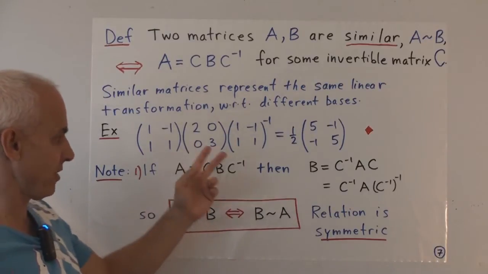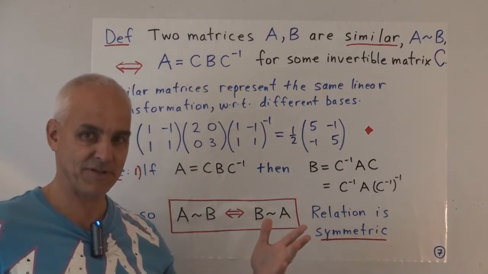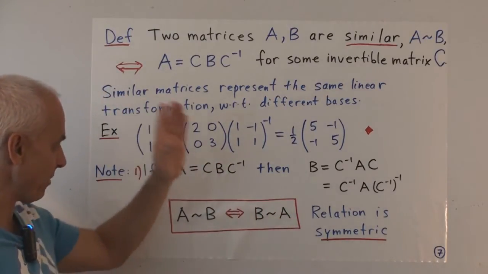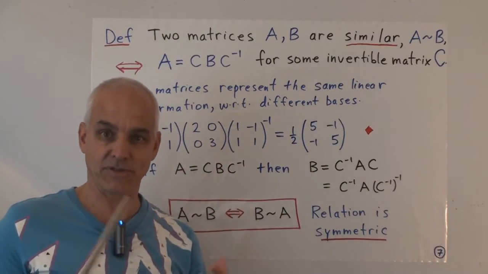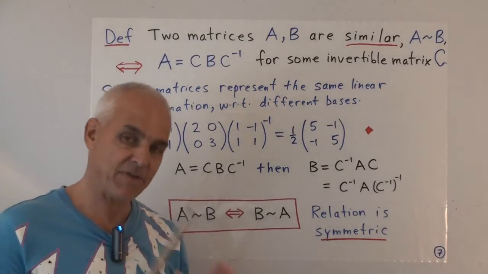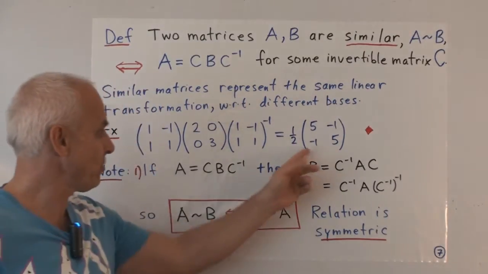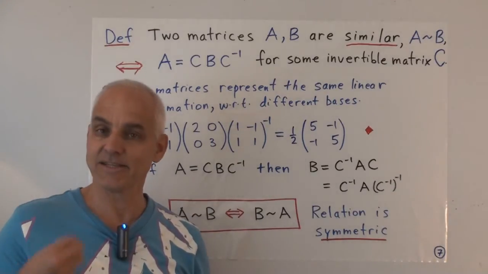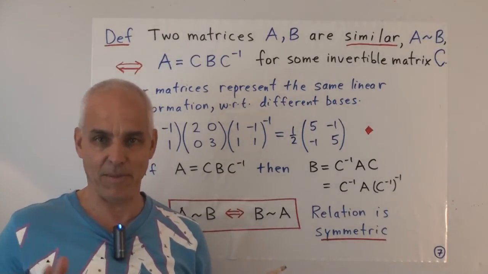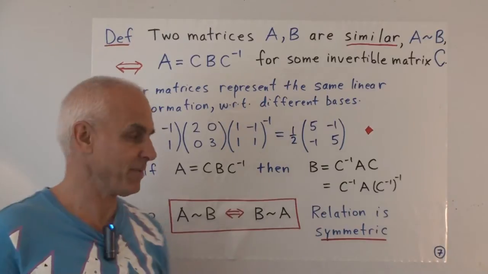They don't look very similar, perhaps, and that's because multiplying by C and C inverse on both sides can really change the matrix dramatically. But nevertheless, we'll see that these two matrices have a lot of common properties. And in some sense, they're pretty well the same, or they act in a similar way.